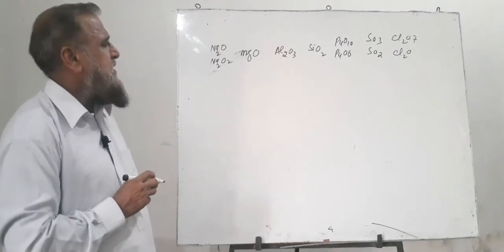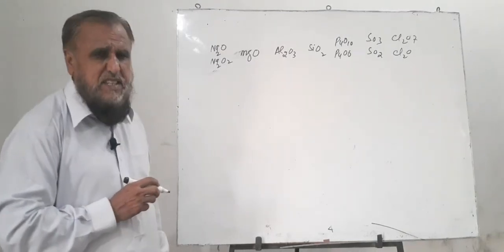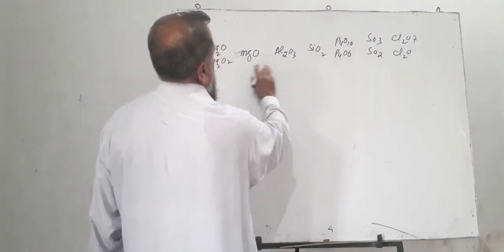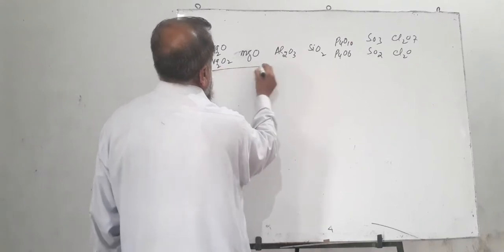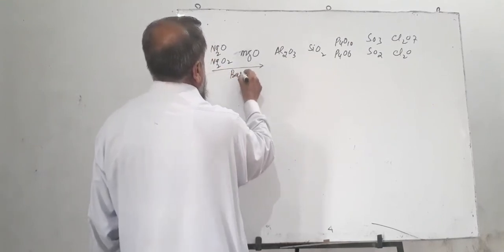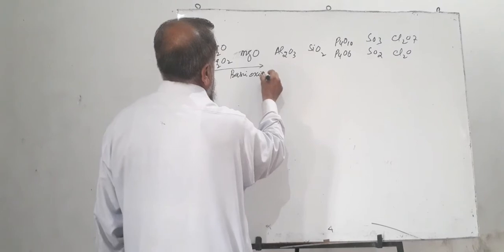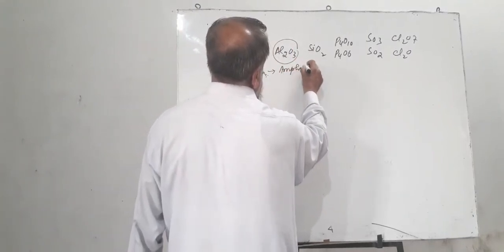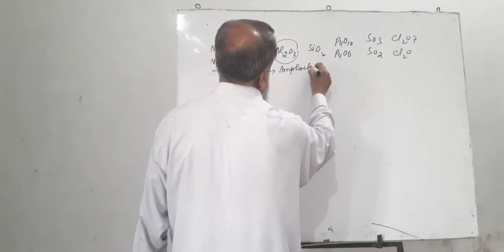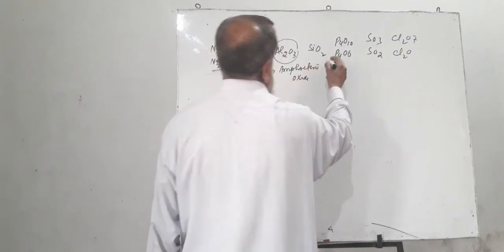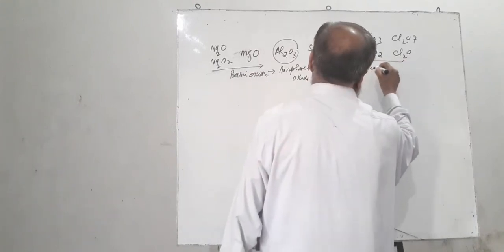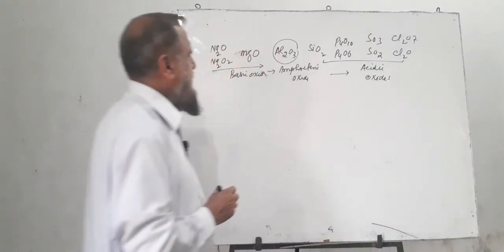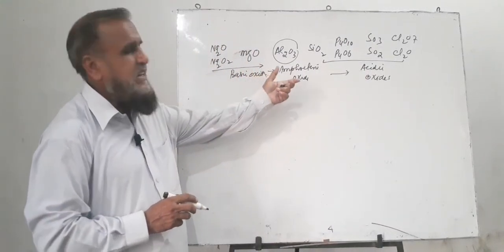The general trend of the acidic basic behavior of oxides along the period is that when we move from left to right in period 3, we are moving from basic oxides to amphoteric oxides and then acidic oxides. Thus the nature of oxides changes from basic to amphoteric to acidic.